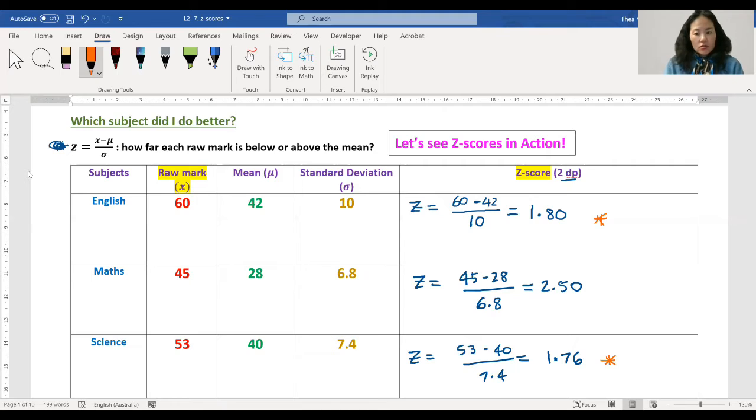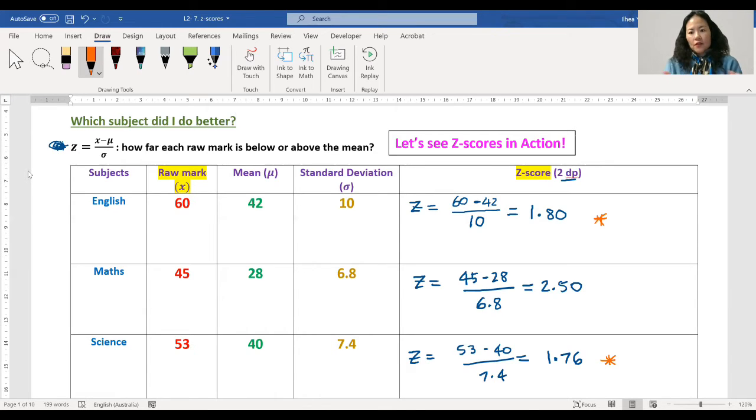It's very close, but I can see that English is 1.8 above the mean, and science is 1.76 above the mean. The mean here is 0, obviously. As you can see, we didn't know which subject I did better when I was just looking at the raw marks.